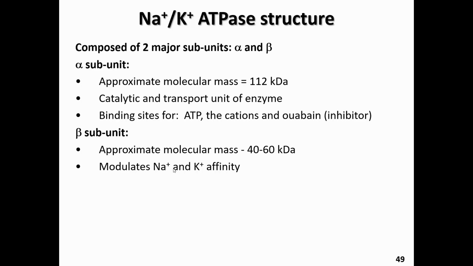And that's an advantage because when we want to extrude sodium from the interior of the cell towards the exterior, we want a very light, weak connection when that protein moves the sodium to the exterior of the cell, thereby allowing it to release. And so in turn, the beta subunit will help to maintain normal ATPase activity.